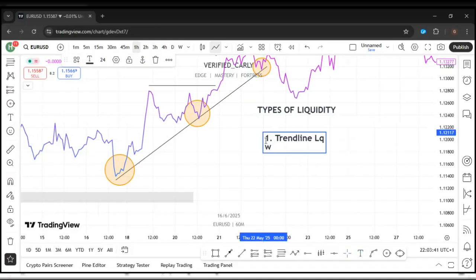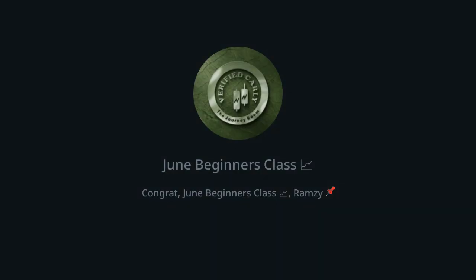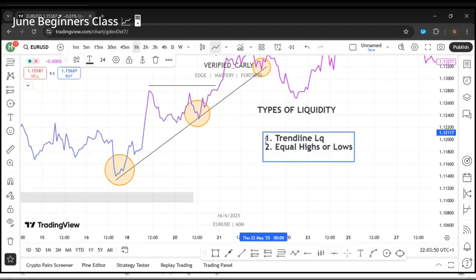Secondly, we have equal highs or lows, right? We also have previous session highs or lows.